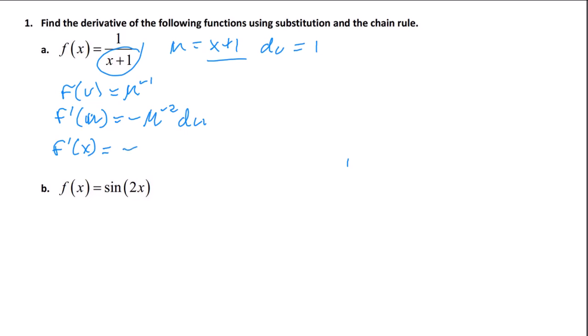I've got negative, well, what was u? This thing, to the negative 2 times du, which is 1. So it equals negative x plus 1 to the negative 2 power times 1. Well, we could rewrite that as this.